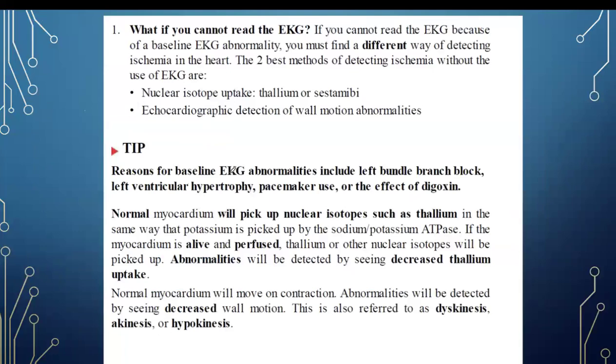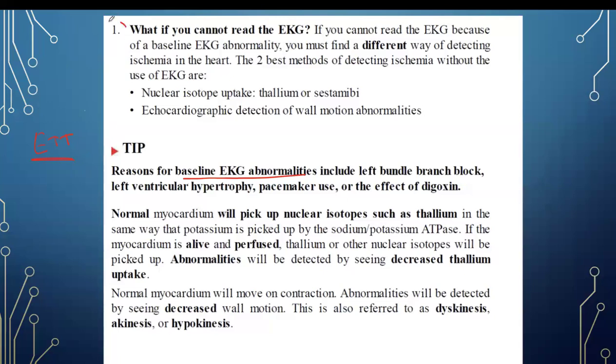So first of all, there is no baseline ECG abnormality and the patient can exercise. Then for a stable angina patient, you'd go for an exercise tolerance test where the patient will run on a treadmill, hooked to a machine with an ECG monitor, and we'll be checking if there are any ECG changes happening while the patient is running. That will give us an idea of inducible ischemia. That means we are inducing ischemia in the patient by asking him to run on a treadmill.